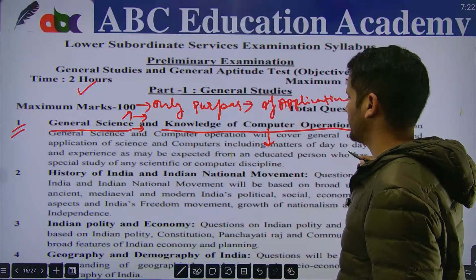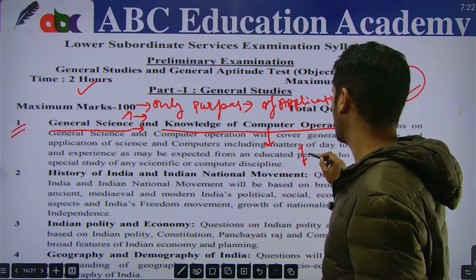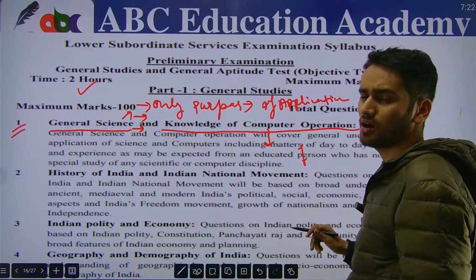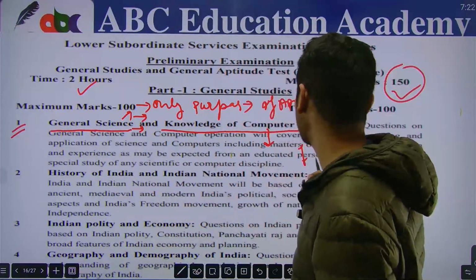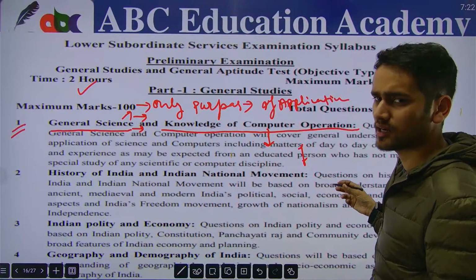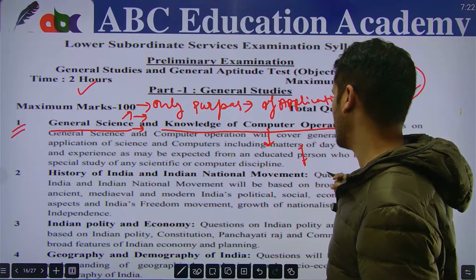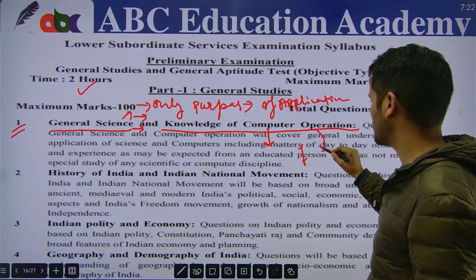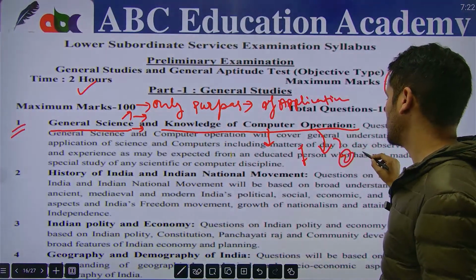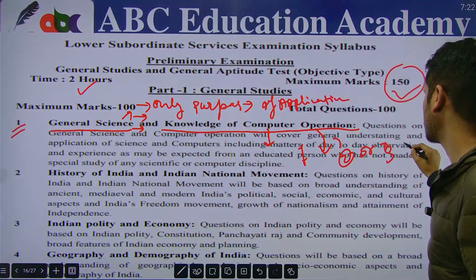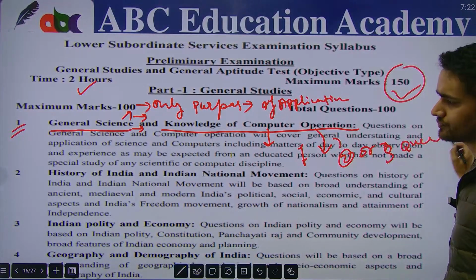You also need to go through some basic computer operations and computer facts, even some commands that are given on computers. Generally 2 or 3 questions are asked from this area.